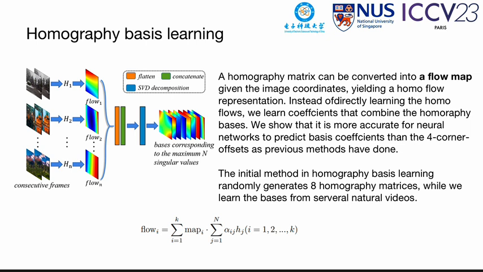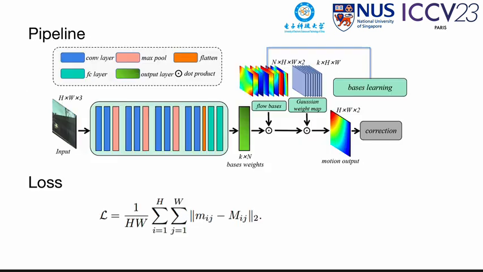Then we concatenate and flatten the homography flows using principal component analysis to find the bases corresponding to the maximum n singular values. Thus, the correction flow can be the combination of homography bases, the weights, and the Gaussian weights. So our network is designed to predict the weights for the homography basis.